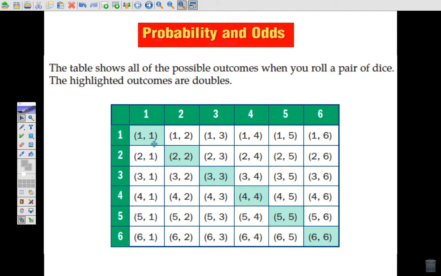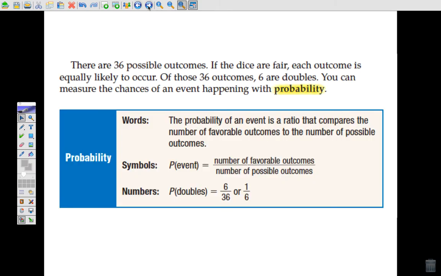So when we look at the ones that are highlighted here, these are obviously all the doubles. So there's 1, 2, 3, 4, 5, 6 doubles. So to find the probability of, or your chances of getting doubles when you roll both dice, is going to be 6 out of the total possible. Okay, so let's look at this, and so we have an official formula.